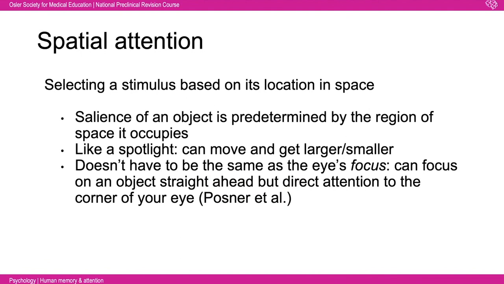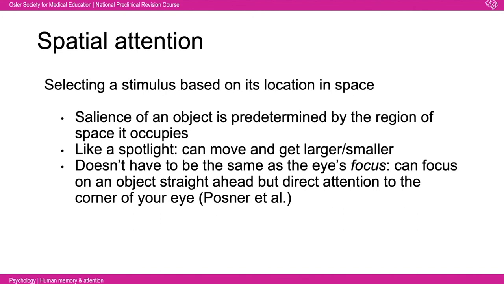So as mentioned in your syllabus, there is lots of different types of attention. And one example is spatial attention. So it does what it says on the tin. It's just selecting a stimulus based on its location in space. So we predetermine the salience or the importance of an object based on the region it appears in.